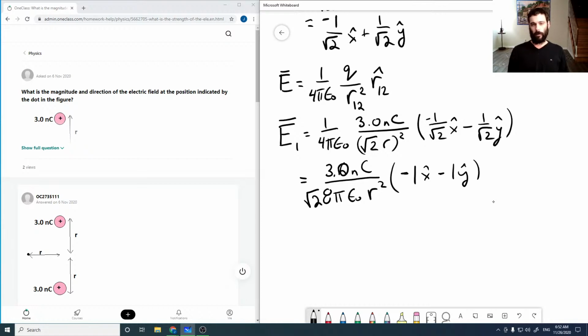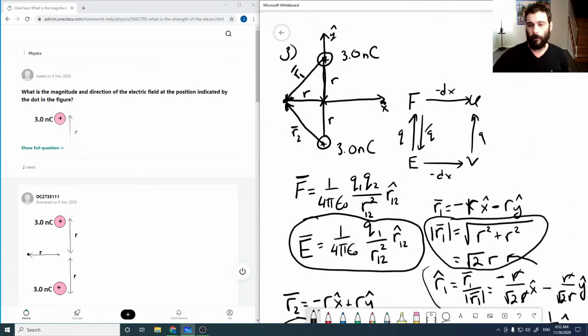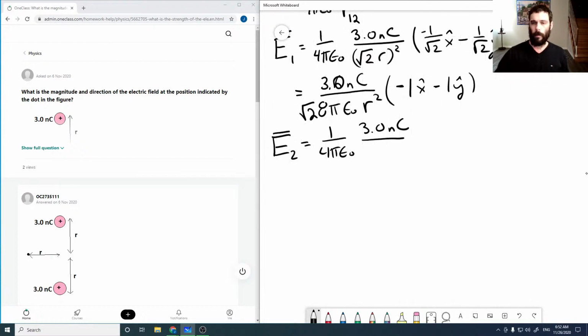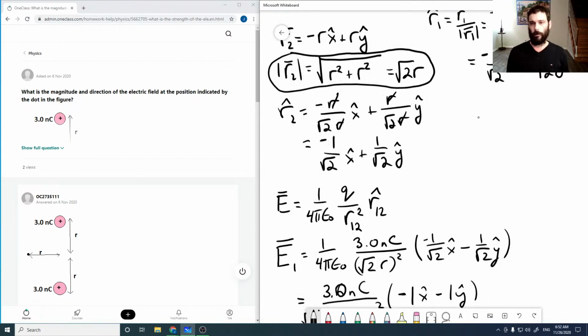And now we're going to play the same game with 2. So the electric field due to the second charge is 1 over 4 pi epsilon naught, 3.0 nanocoulombs, and that's because our second charge in the figure is also 3 nanocoulombs. And also if we look, our R2 magnitude is root 2R, which is this guy here. And our unit vector is similar, but with a positive on the y. Okay?